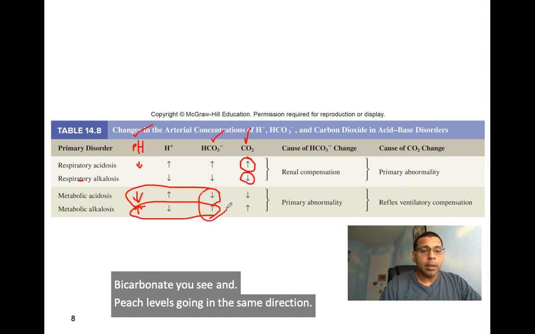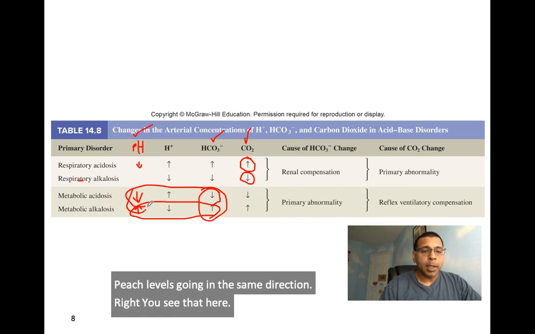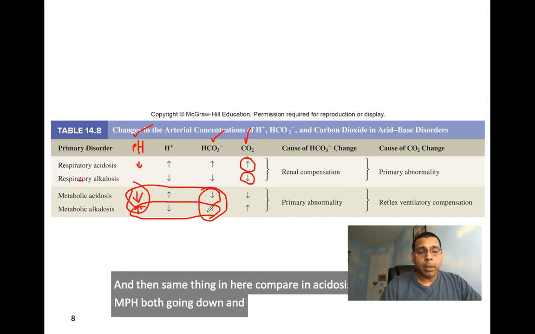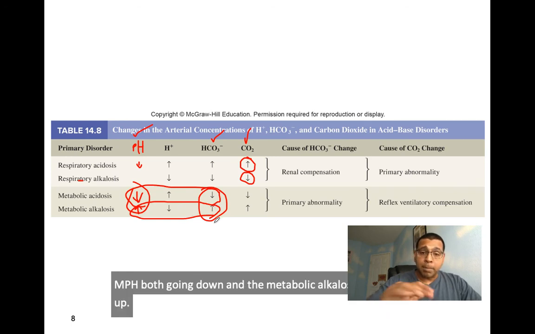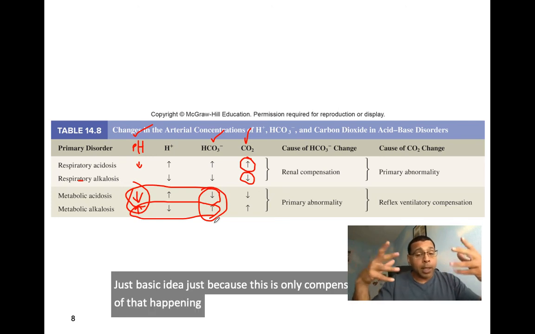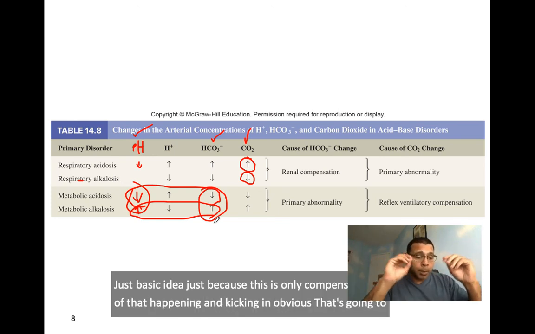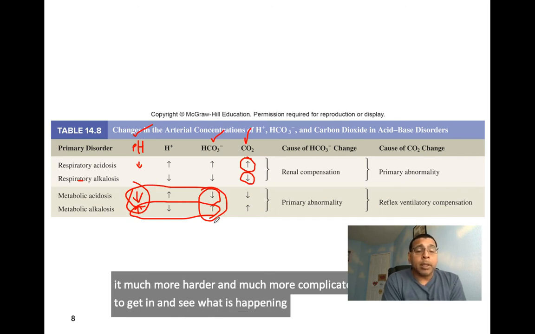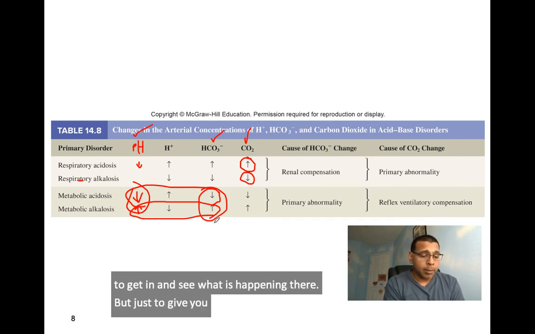In acidosis, bicarbonate and pH both go down, and in metabolic alkalosis, both go up. That's just the basic idea. This isn't with compensation kicking in, which obviously makes it much more complicated to see what is happening.